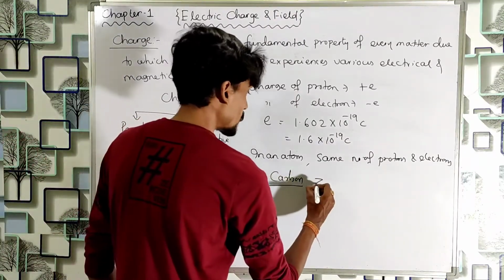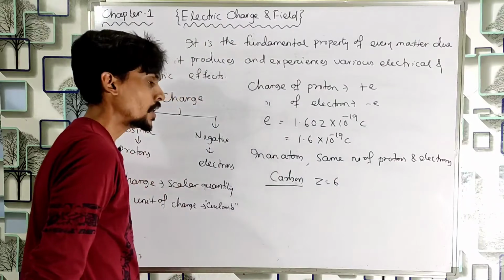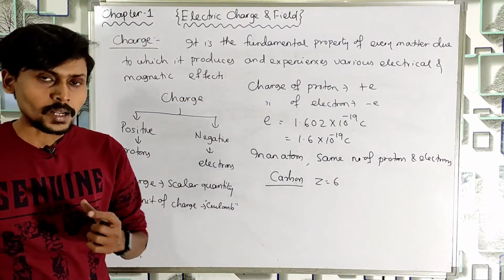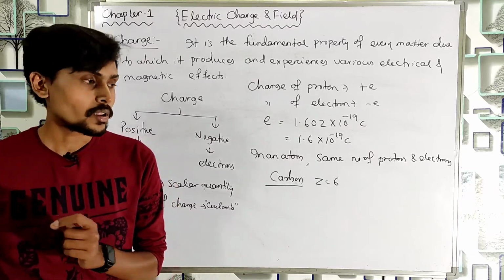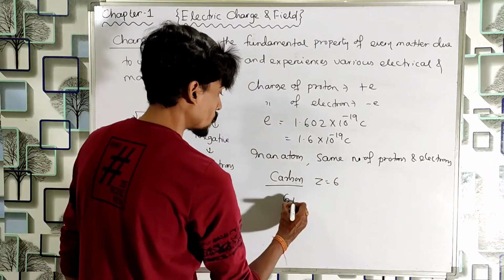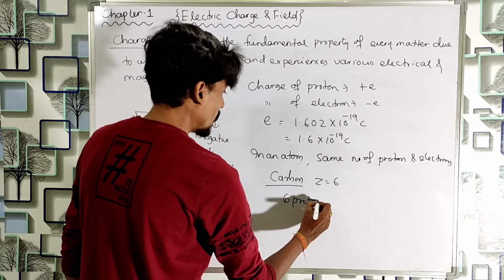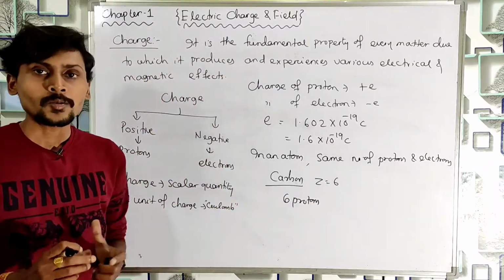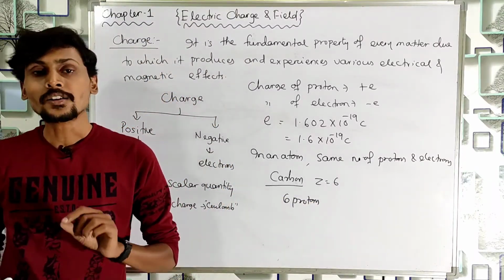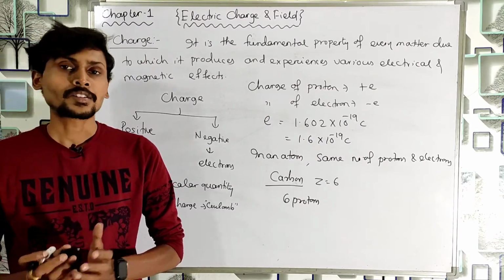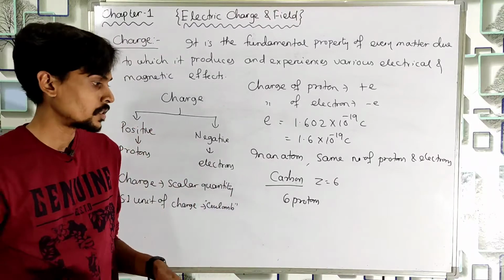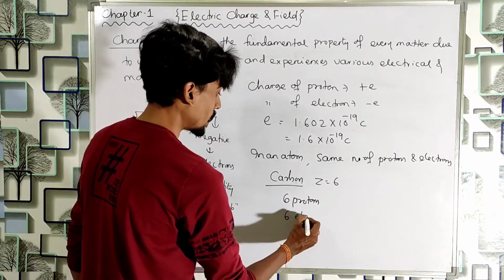Z is equal to 6 for carbon atom. It means inside the carbon nucleus we have 6 protons, and outside the carbon nucleus 6 electrons are revolving around it. So if you look at the carbon atom, there are 6 protons and 6 electrons.